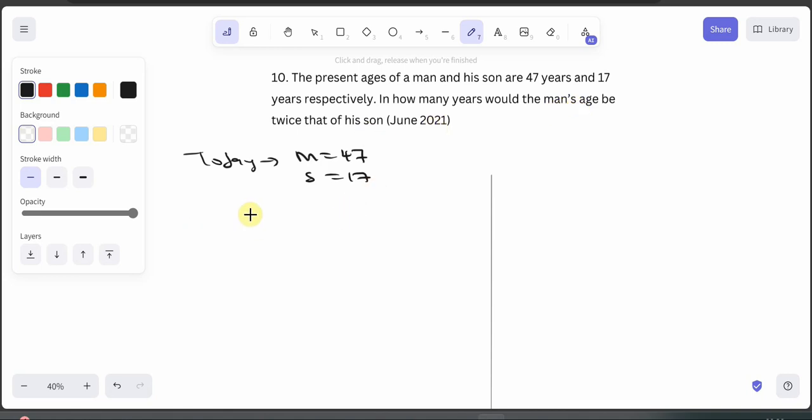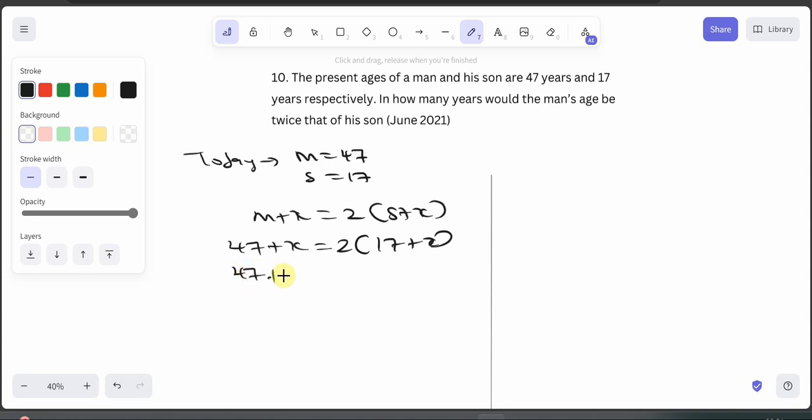So we don't know the number, so we just say M plus x years would be twice S plus x, because the son will have increased by x years and the man will have increased by x years. This is similar to one of the questions that was solved previously. So let's substitute. That will be 47 plus x is equal to 2 open brackets 17 plus x, and this will be 47 plus x is equal to 2 times 17 is 34 plus 2 times x is 2x.